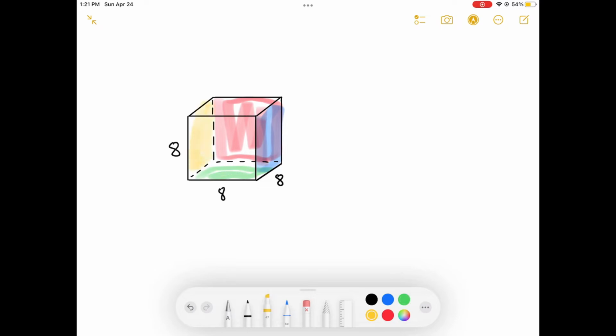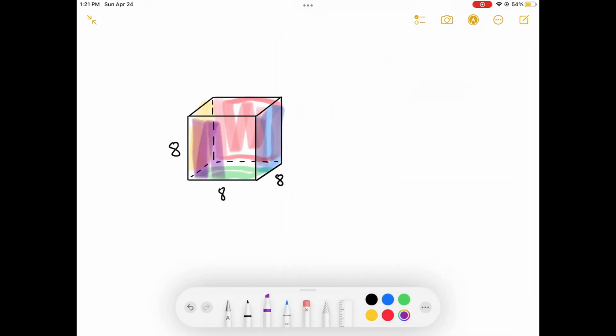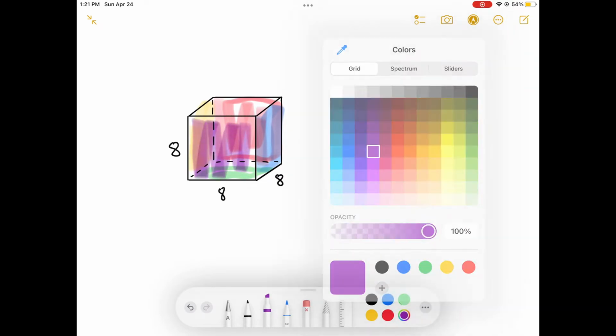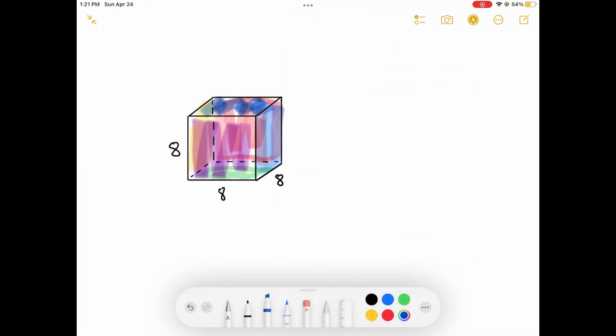Each color means the area of that shape. Let's get a new color for the front. So that would equal the surface area, right?